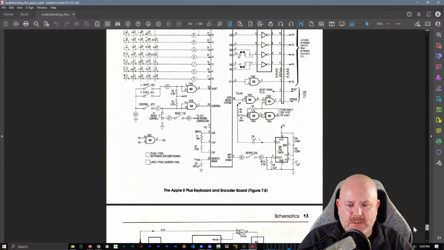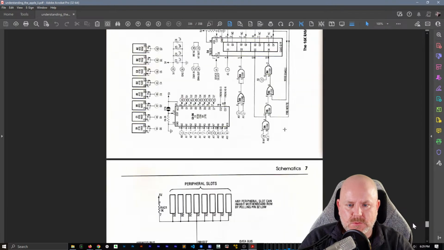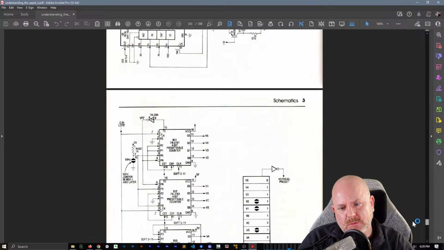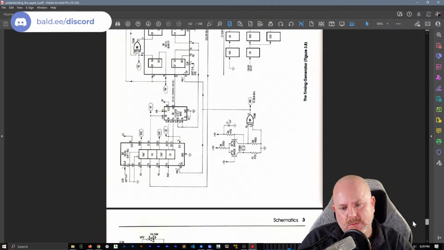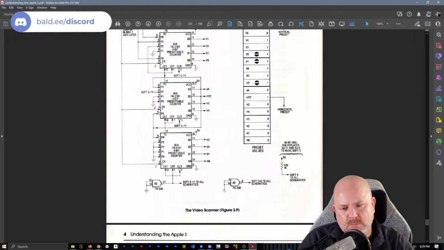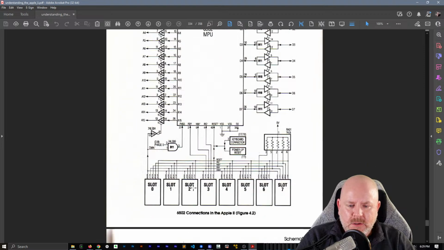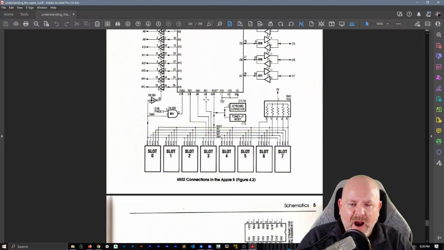I was going to look at this one to see. Has this got the CPU? No. That's not it. There it is. Yeah, so IRQ goes to the slots.